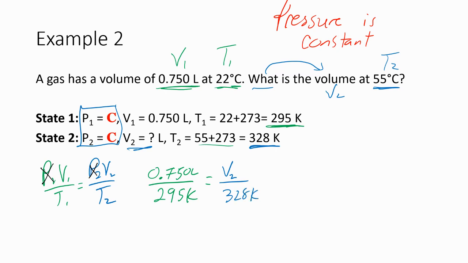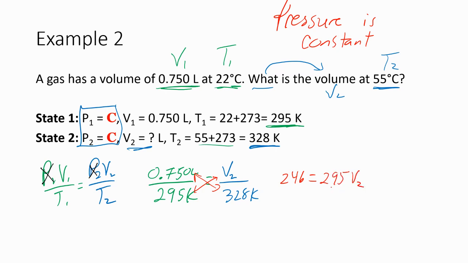So again, you can cross multiply or you can turn that into a number and divide. This time I'll cross multiply just so you have an example of that. So 0.750 times 328 is 246. So we got 246 is equal to 295 times V2, which is 295 V2.